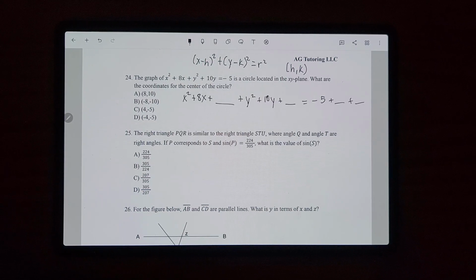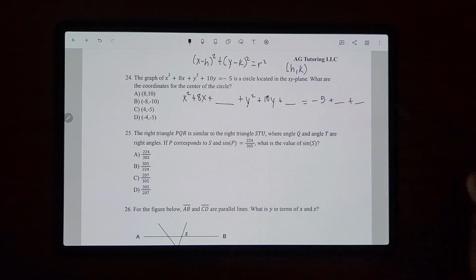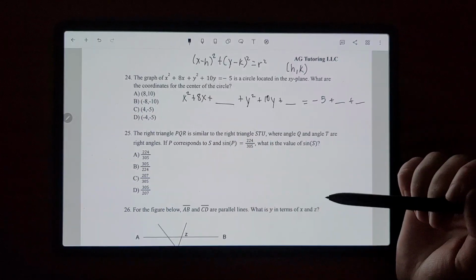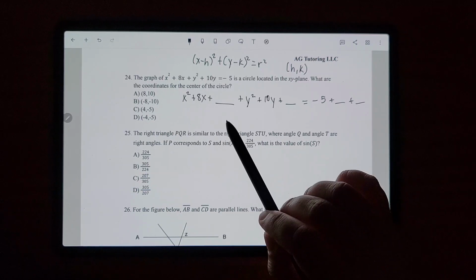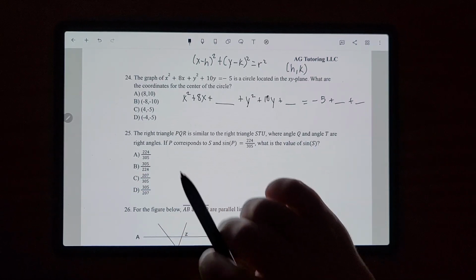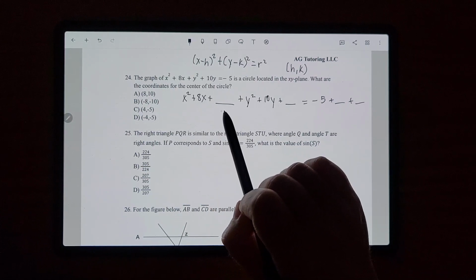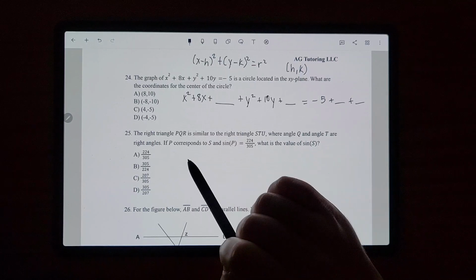So when I'm completing the square, I like to rewrite it and then set up blanks for the parts I'm going to be filling in extra information for. So these are where my blanks would go, and I've just copied down the rest of the problem. To figure out what goes in these blanks, you need to look at each portion individually. So you have to look at the x portion right here first to determine what goes in this blank.